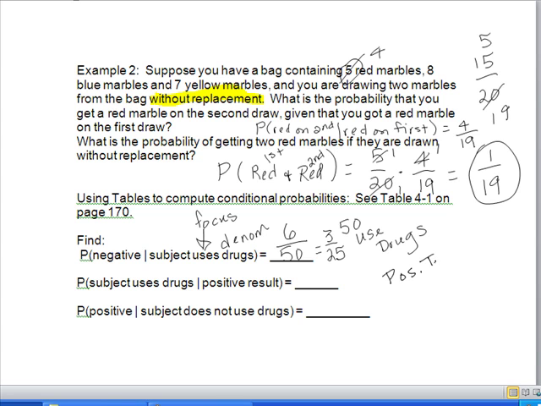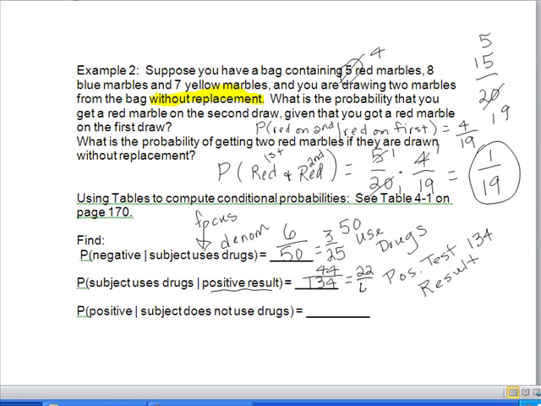Looking at that column, I have to add up 44 plus 90. That would be 134 who had a positive test result. So I know that's my denominator. Now in that column, I want to know how many used drugs. 44 of them. I know I can reduce by 2, so I get 22 out of 67.